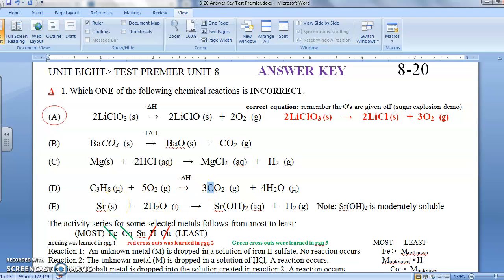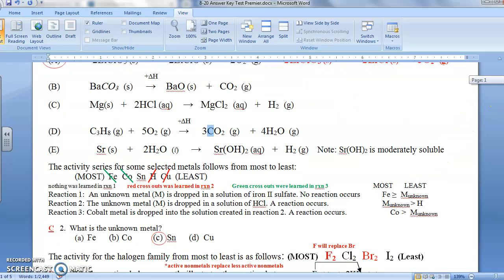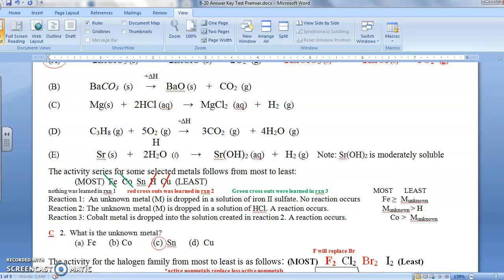In our last reaction here, we have also another one of our single displacement reactions. This time it's displacing essentially hydrogen off of a water molecule. This is H2O. It could also be written as HOH. And if you look at what's happening in here, we have HOH essentially.